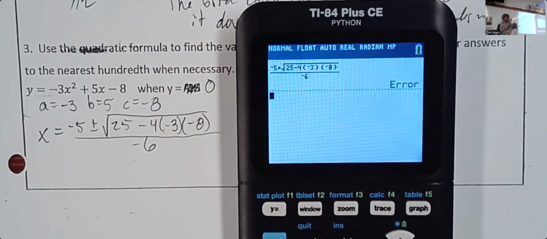Bear with me for a second. Yeah, that's correct. So, does anybody know why we get this? By the way, this is the right answer. It says error. Unreal answer is what it said for us. Does anybody know what we should write then?